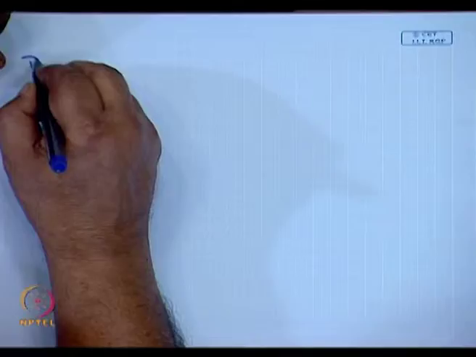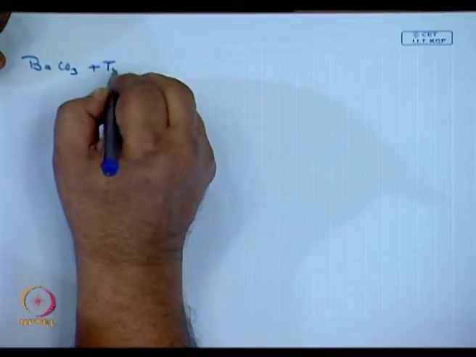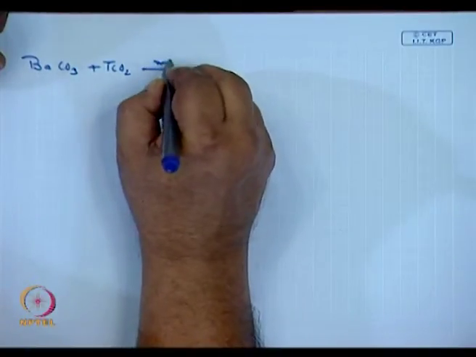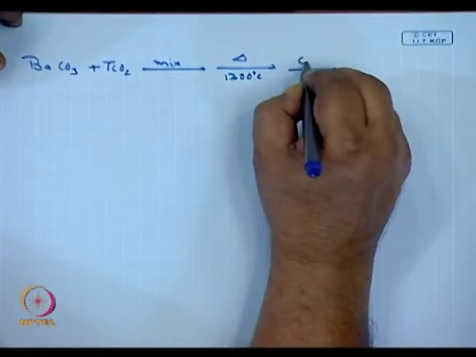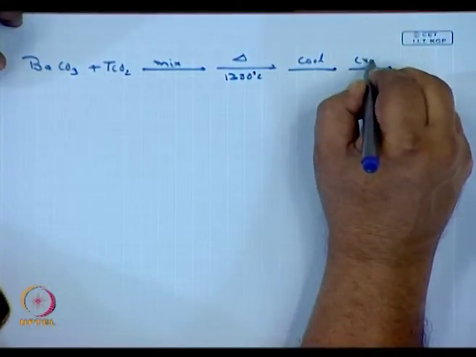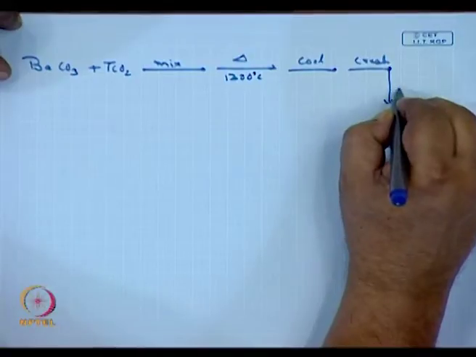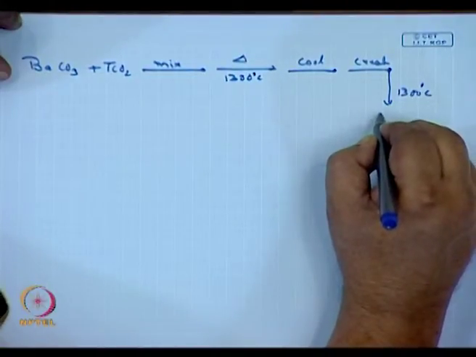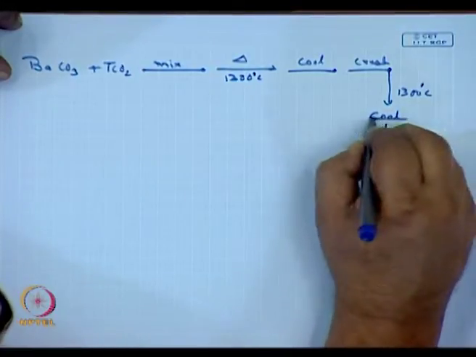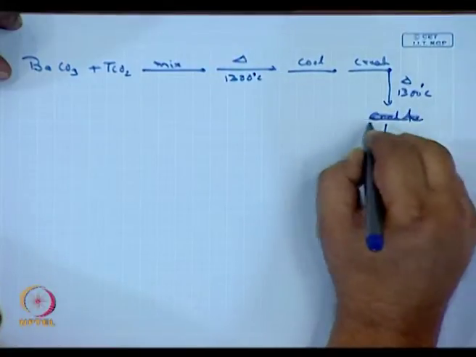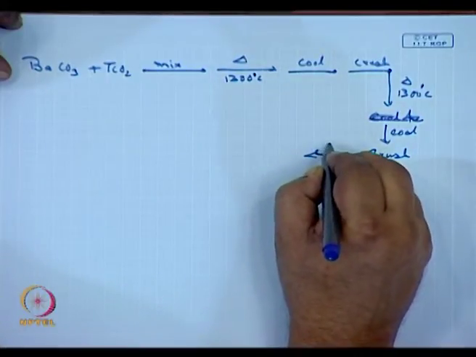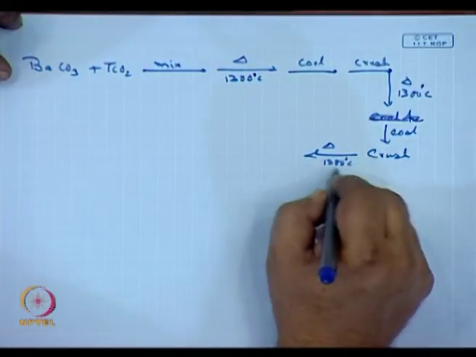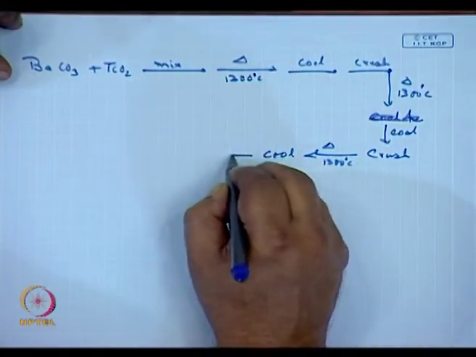However, in the real process, it had many unit operations, like say barium carbonate plus titanium dioxide, mix, heat to 1300 degrees centigrade, cool, crush, again heat to 1300 degrees centigrade, cool, crush, and this is repeated at least once more: heat again to 1300 degrees centigrade, cool, and then crush.